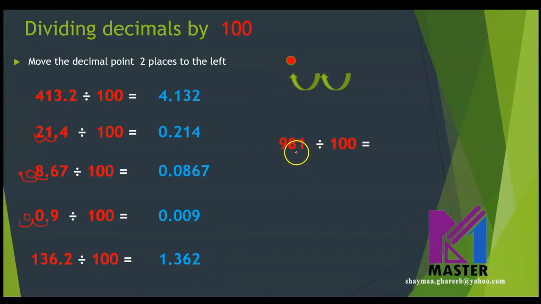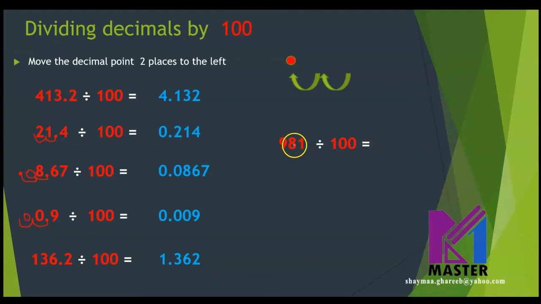If I have a whole number, such as 981 divided by 100. We said the decimal point is after the units place, but we don't have to write it because it is a whole number. We said also that when we divide a whole number by 100, we can move the decimal point that we don't see, which is here, 2 places to the left, or we can add a decimal point after 2 places.